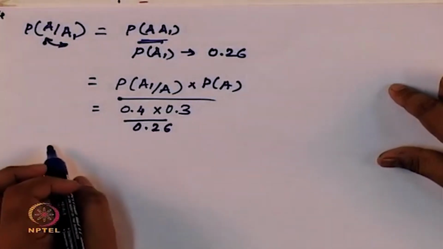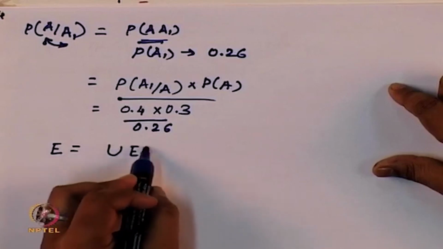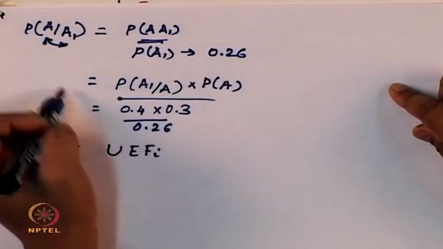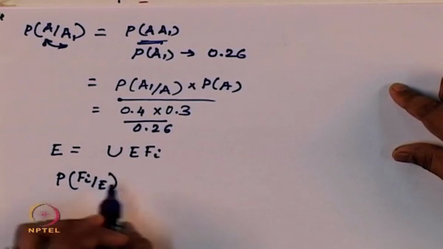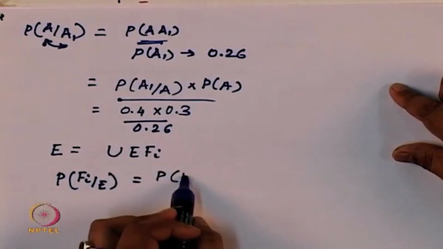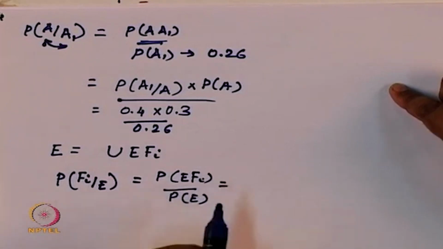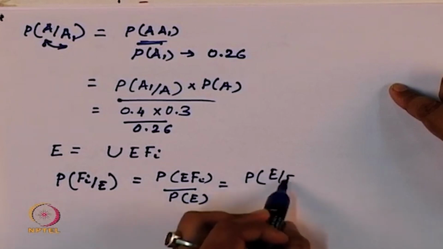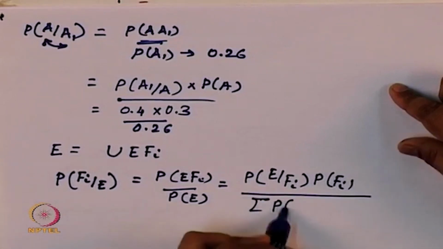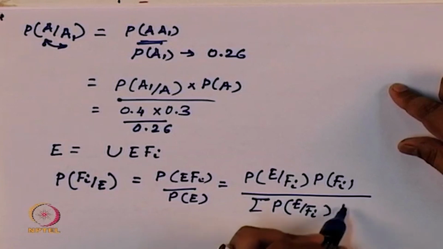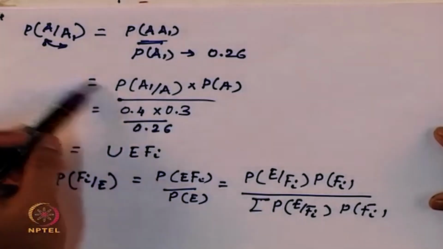We will have one more extension of Bayes theorem. In the generic case, when E is the union of E intersection F_i, in order to generalize this finding, we can write probability of F_i given E is equal to probability of E and F_i divided by probability of E, which is equal to probability of E given F_i into probability of F_i divided by the summation of probability of E given F_i into probability of F_i.